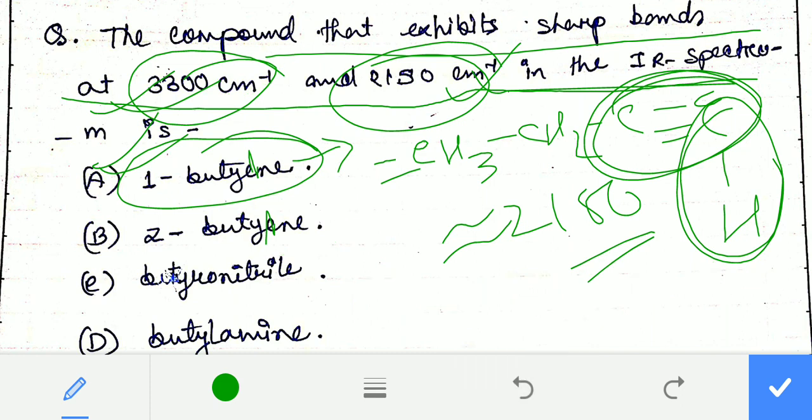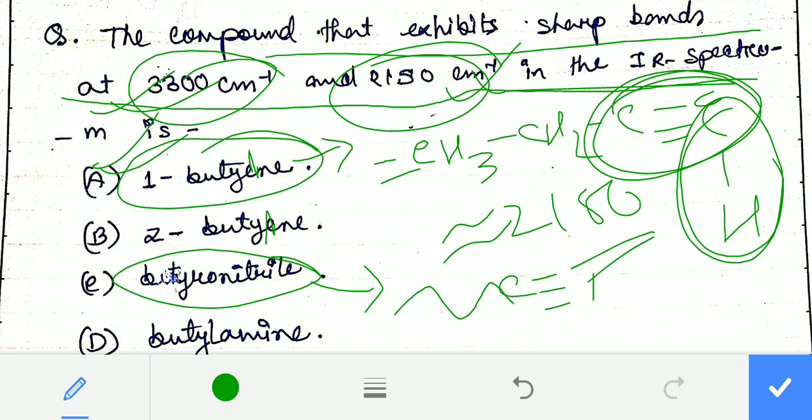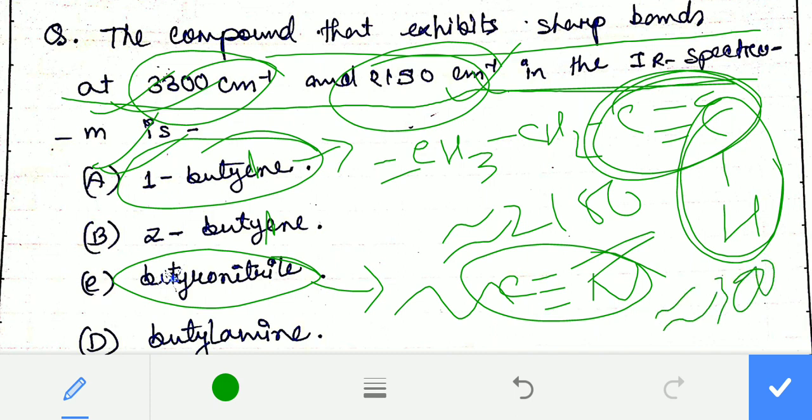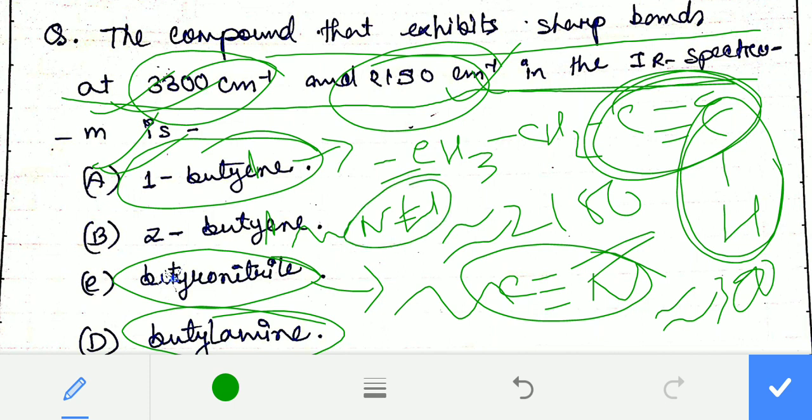Now in option C, it is butyronitrile, and a nitrile group is present. For the nitrile group, the region in the IR spectrum is not around 3300. And also in case of butylamine, the N-H stretching vibration occurs at around 3500, which is a very high value in the IR spectrum, which is not matching with any value given in the question.